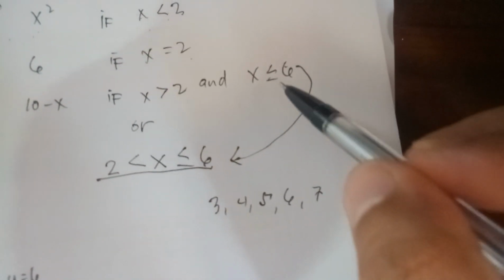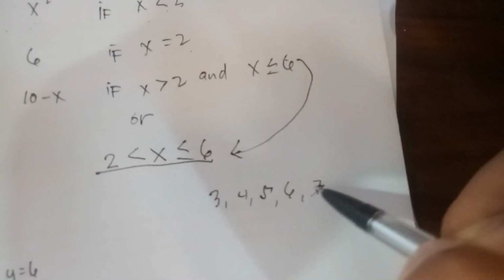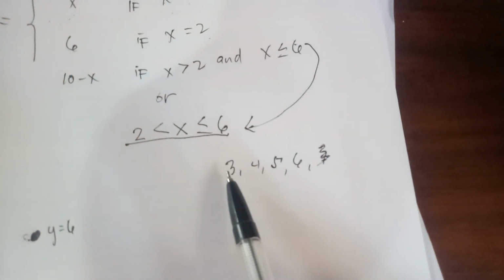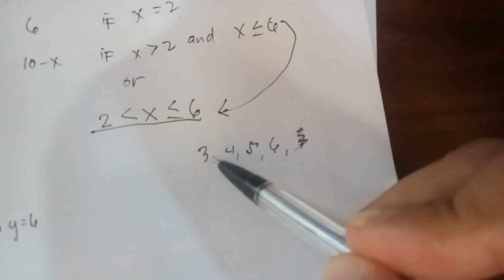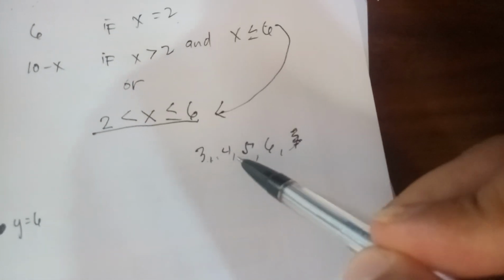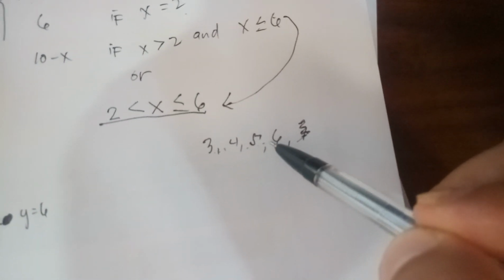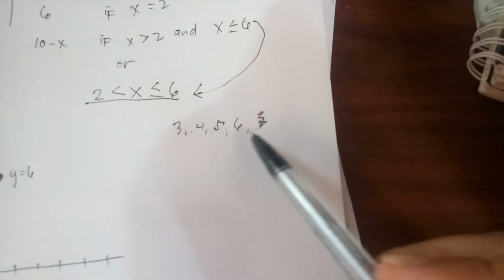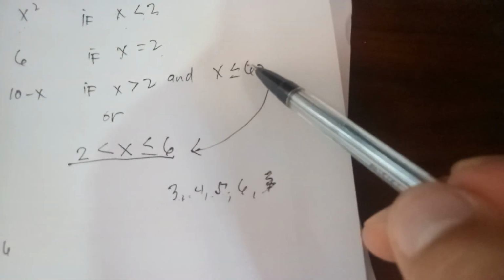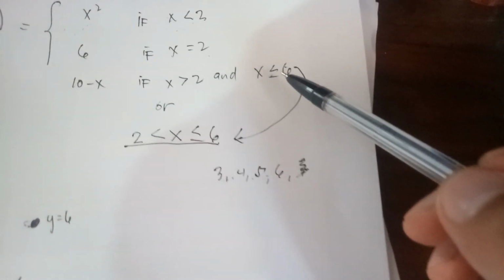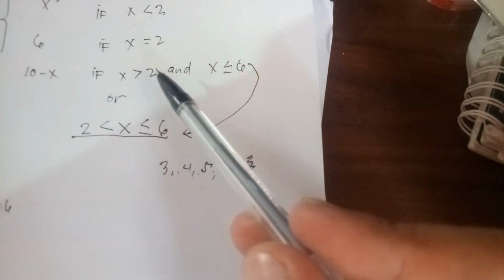Pwede siyang equal, pero pwede siyang less than, hindi nakasama si 7. So, ito lang apat na to, no? Pwede rin siyang 3.1, 3.2, 3 and a half, 4 and a half, 5.6, 5.9. Basta hindi sobra sa 6, pero pwede siya maging equal to sa 6. Now, kung magiging greater than 2 siya, pwede siyang 2.1, 2.2, 2.3.